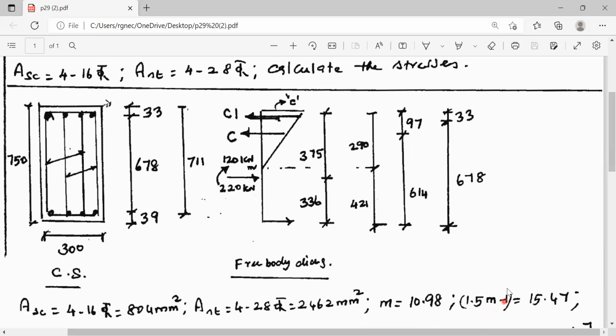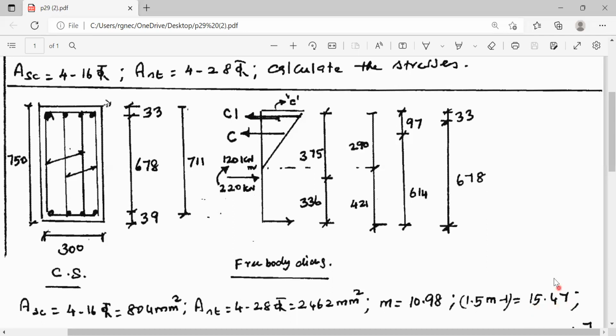This minus 1 is to take care of the duplication of concrete occupied by the reinforcement. The concrete area should not be considered twice. Therefore, for the compression zone, this minus 1 appears. For the compression zone, the modular ratio is 1.5 m, and the effective modular ratio is 1.5 m minus 1. It works out to 15.47.